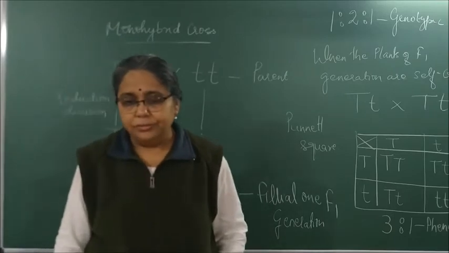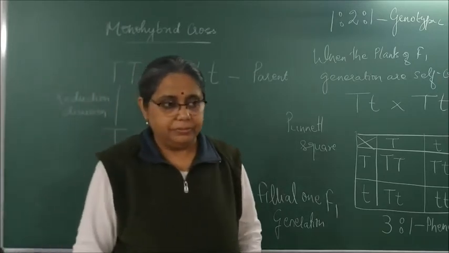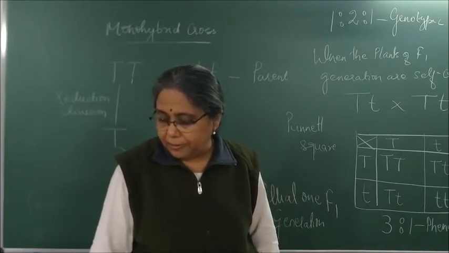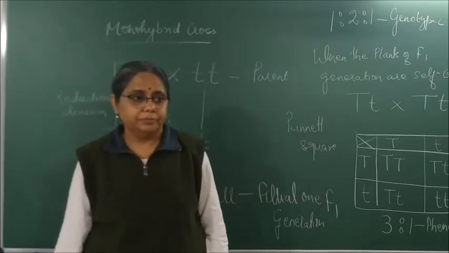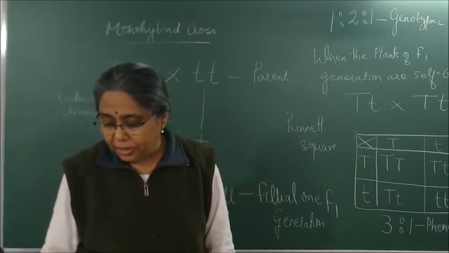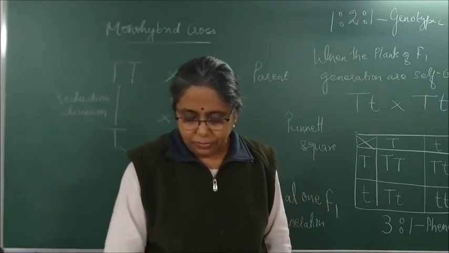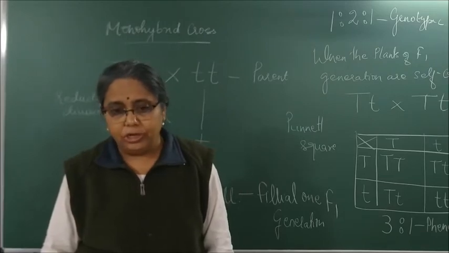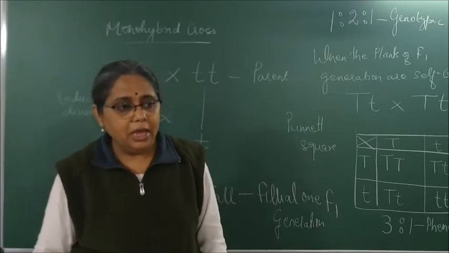Mendel crossed a pure tall pea plant with a pure dwarf pea plant to get all tall plants in F1 generation.